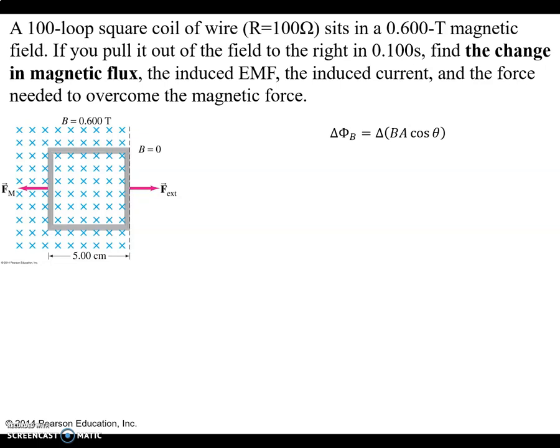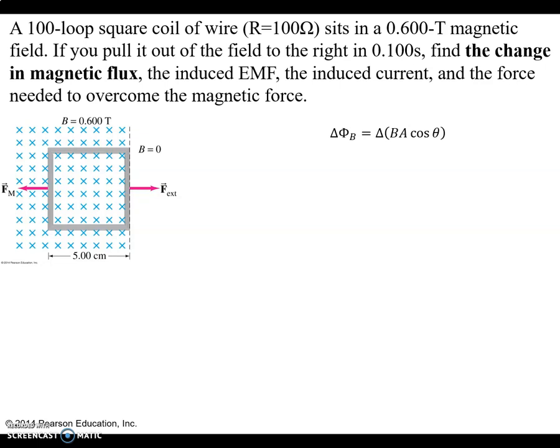Before we do that, we need to also talk about the angle theta. What is the angle theta? Well, remember, that's the angle between the magnetic field and the vector for your area A, which is perpendicular to your surface. So you see your surface area A, that's the area inside of the loop, which is flat on your screen.